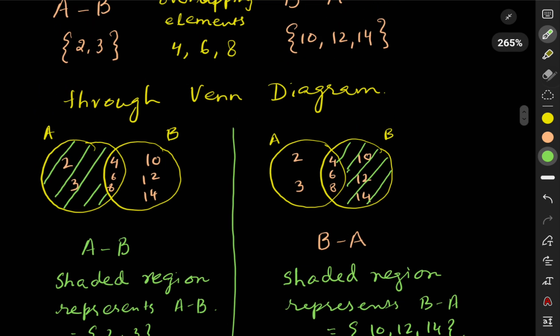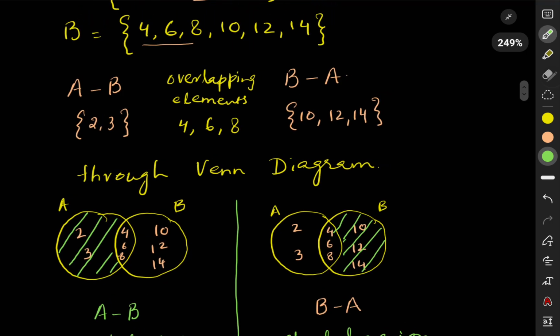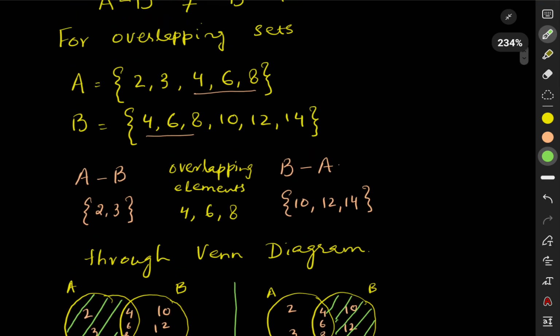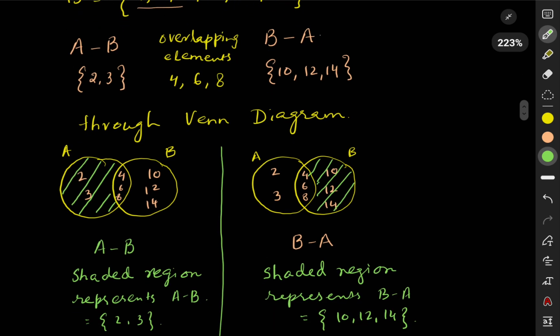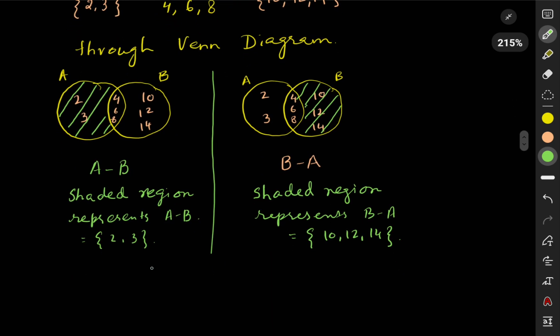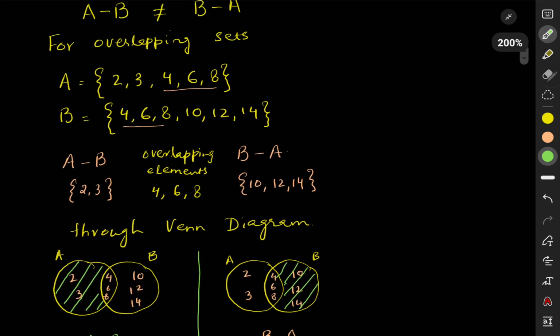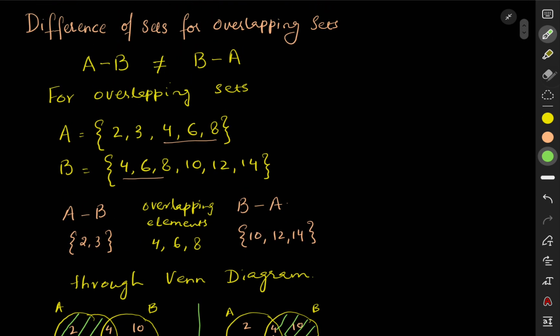So in this way we find A difference B and B difference A. And one thing very important here, that A difference B is not equal to B difference A. In this way we find the difference of overlapping sets through Venn diagram.